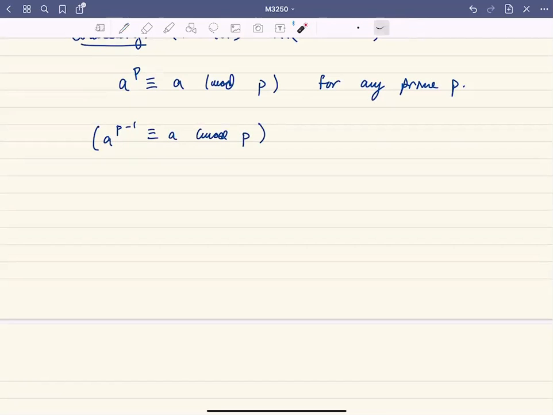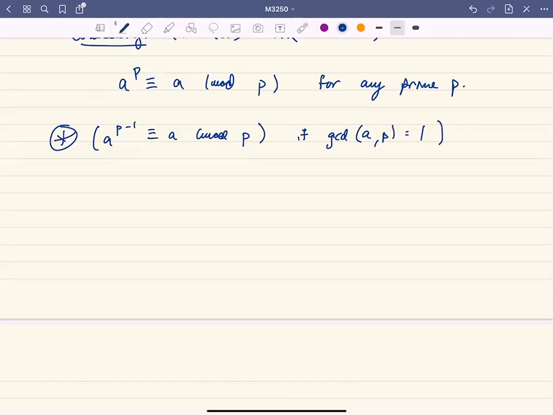This is the result that comes from Euler's theorem, because phi of p is p minus 1, and a to the p minus 1 is congruent to 1 mod p. This is true if a and p are relatively prime.